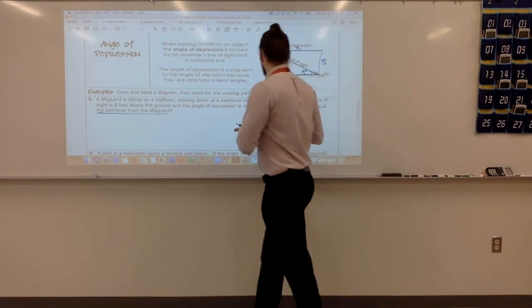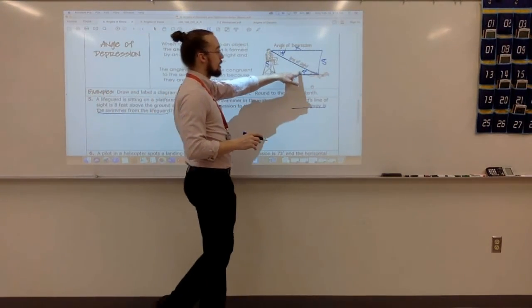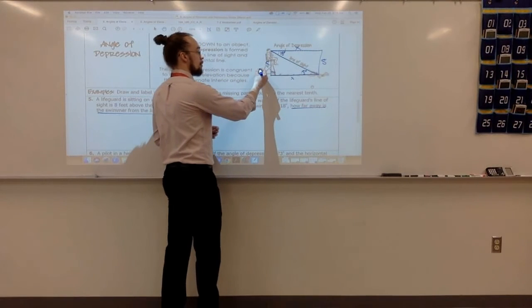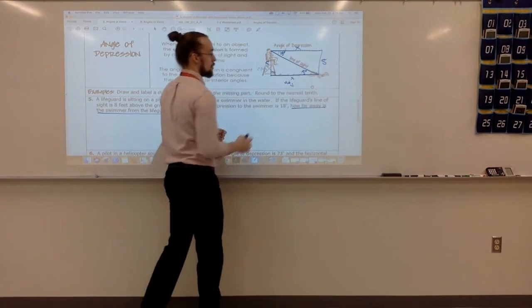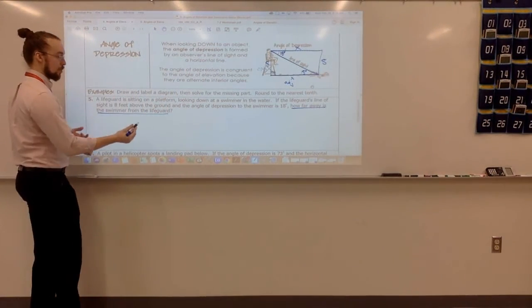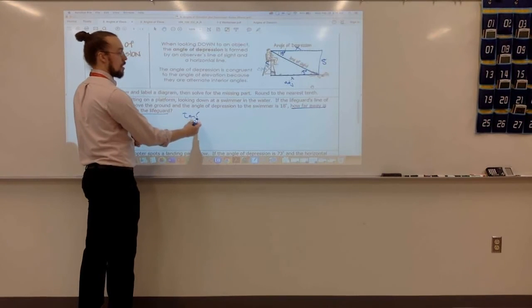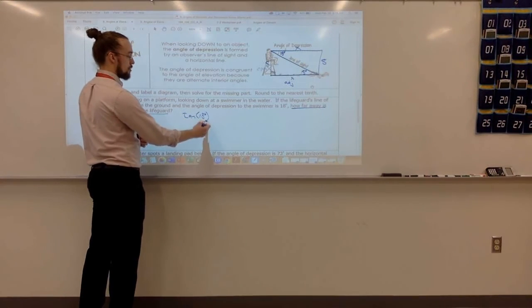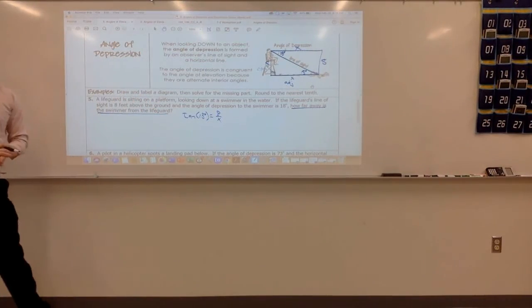Okay? So, to finish this one out then, with respect to this 18 degrees, this would be the opposite side and the adjacent side. So we will have tangent of 18 degrees equals opposite over adjacent.